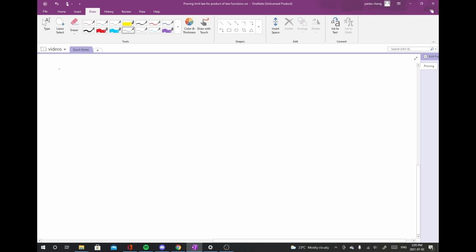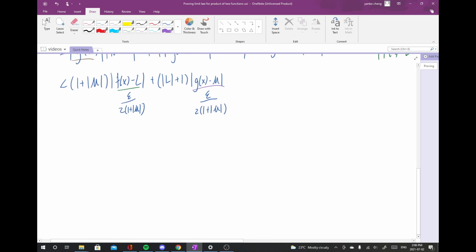So we want the absolute value of f of x minus L to be smaller than epsilon over 2 times 1 plus m. Right?